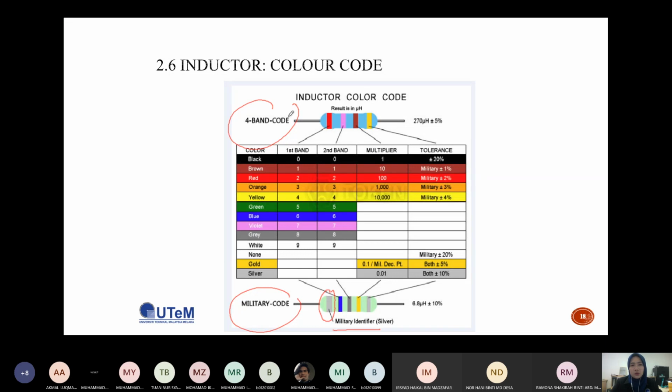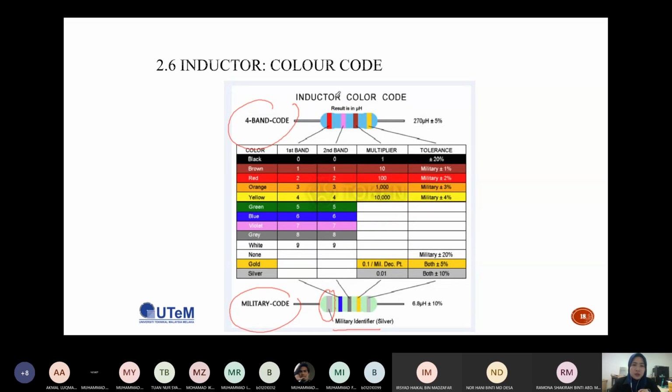If you have a 4-band color code, the first band represents the first value, the second band represents the second value, the third band represents the multiplier, and finally the fourth band represents the tolerance. So similar, not exactly the same, but similar to the resistor and also the capacitor.